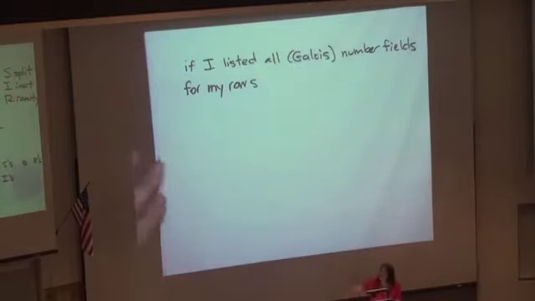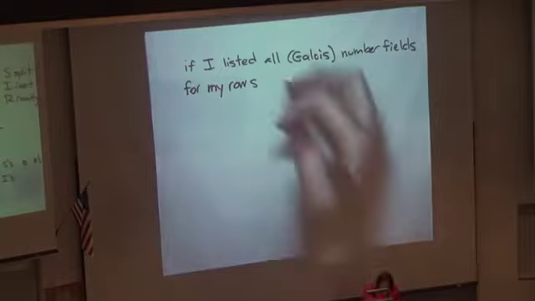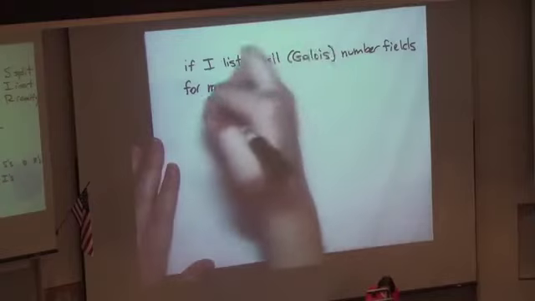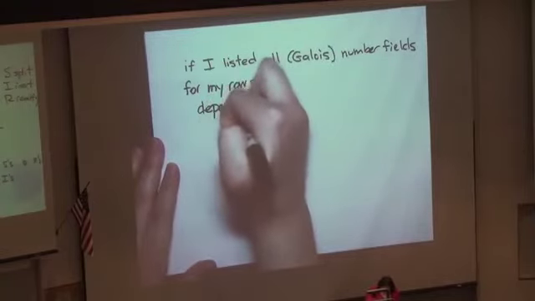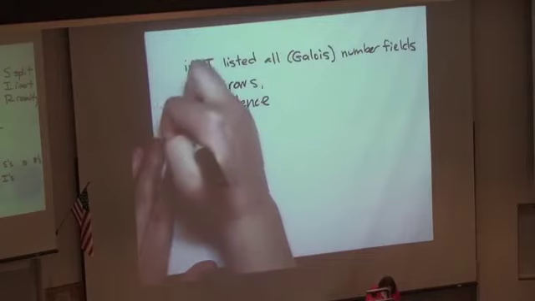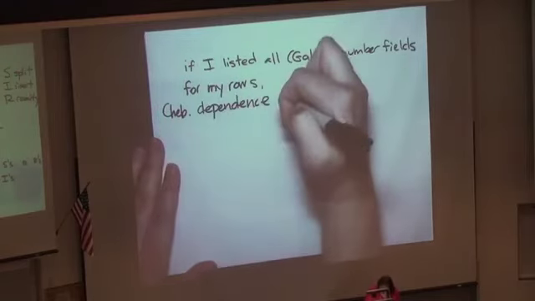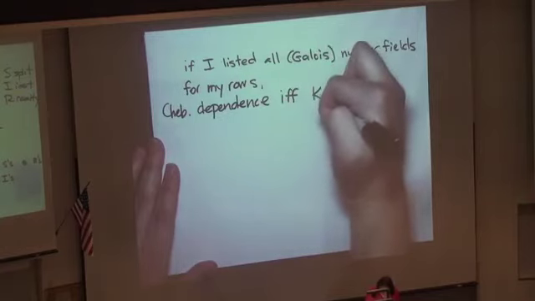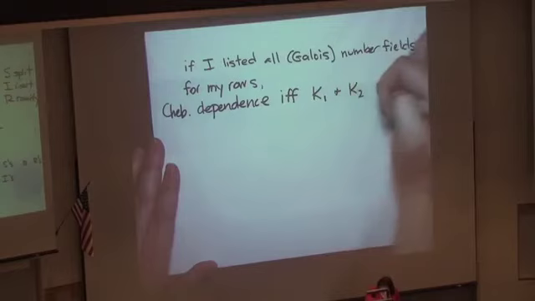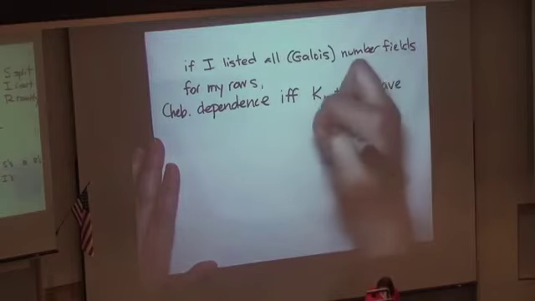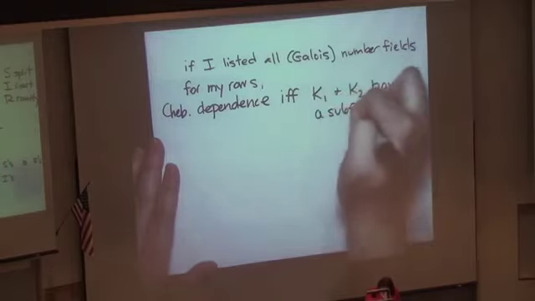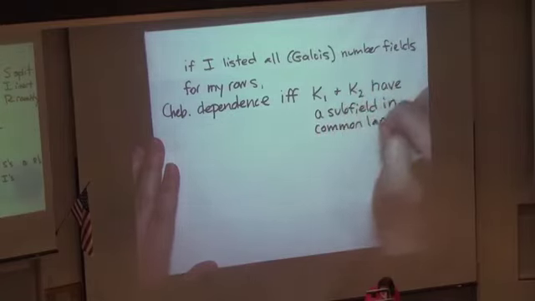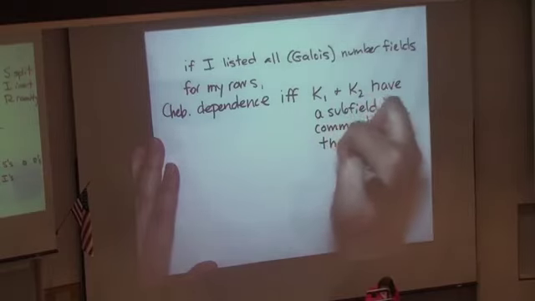Here I just was listing quadratic, but if I listed all of them, in fact, by Chebotarev, we have that there is dependence in the rows if and only if 2 fields, say K1 and K2, have a subfield in common larger than Q.